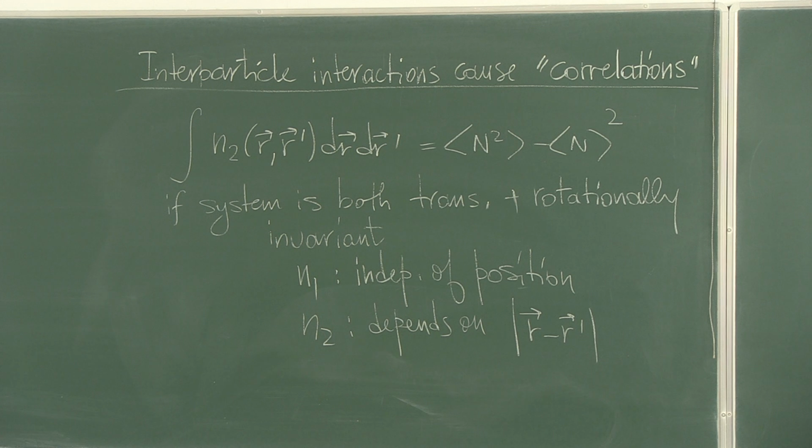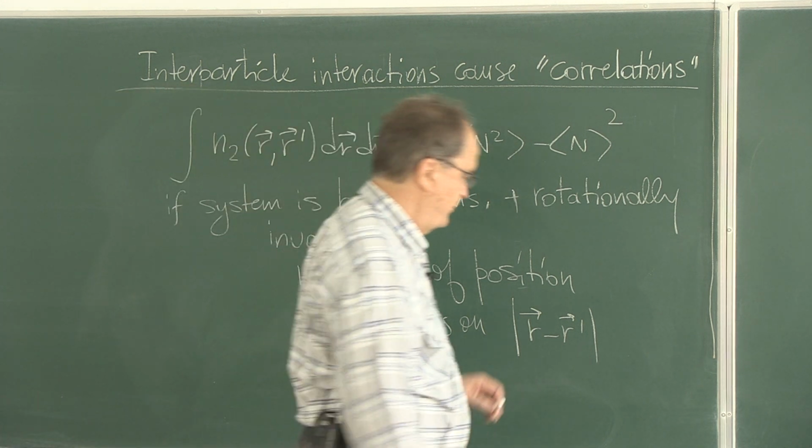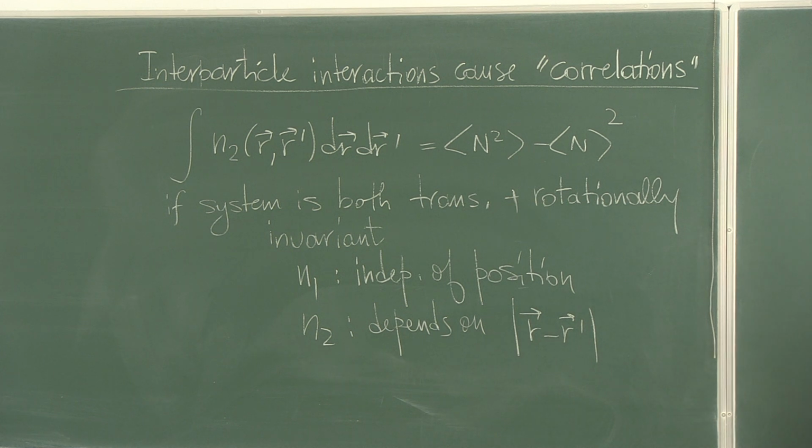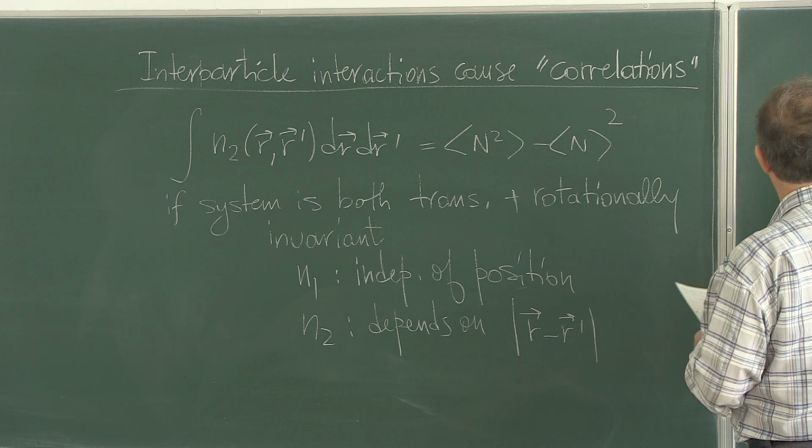Well, in this case, we are allowed to define a pair correlation function, which is available to experiment, extremely important. Now we are finally at a quantity which can be measured in an experiment.